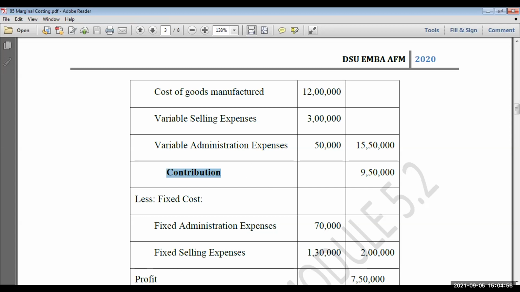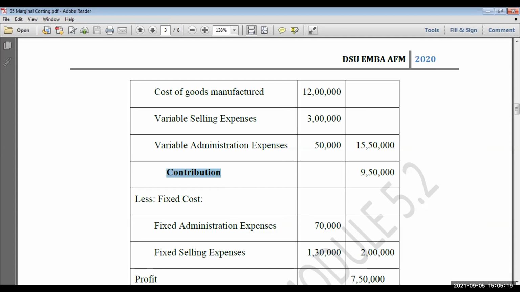Am I audible to you? Yes, Professor. Then how much will be the contribution? What is contribution? I told you. Contribution is a term used for referring to the surplus amount after recovering the variable cost by the selling price of a product.